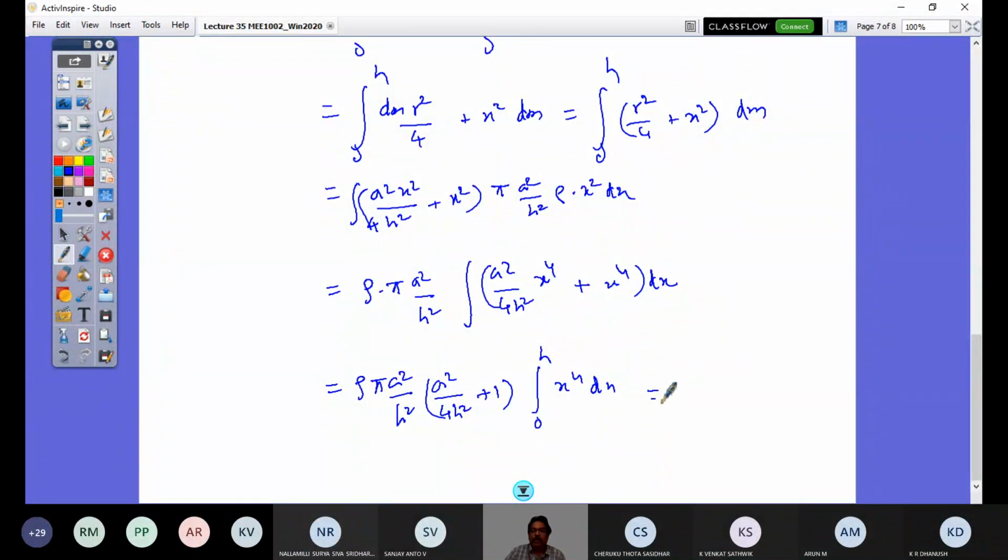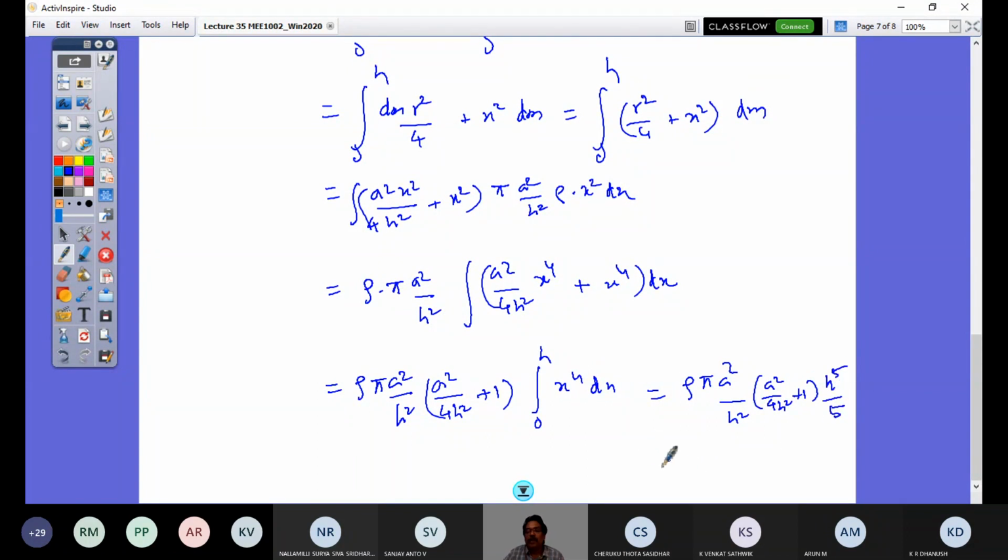So that's going to be rho pi a squared by h squared into a squared by 4h squared plus 1, into h power 5 by 5.